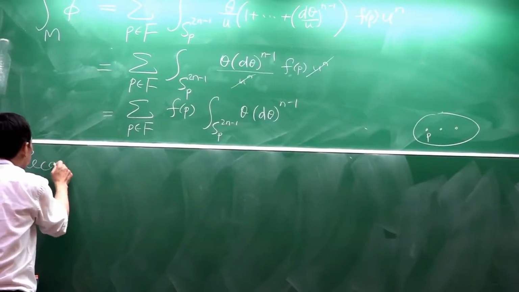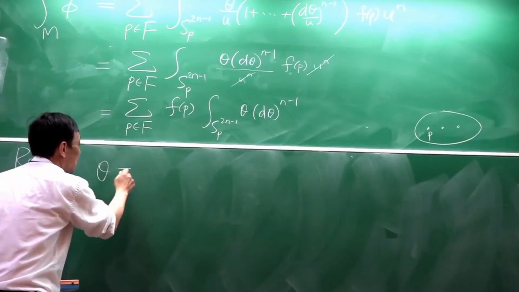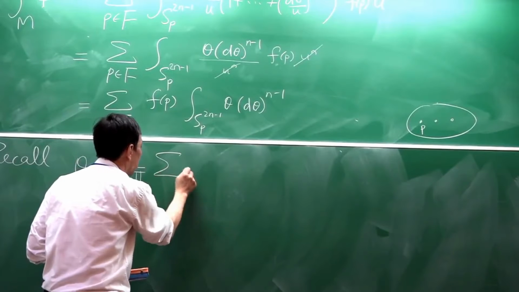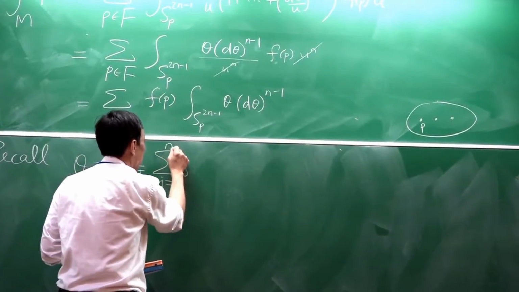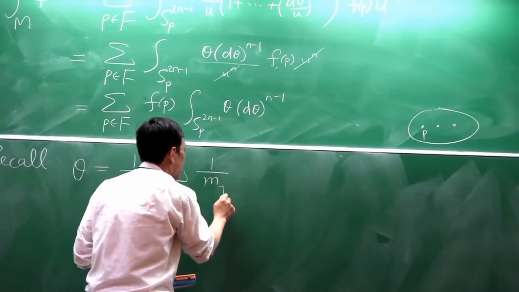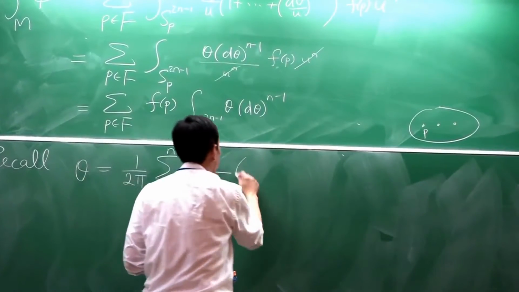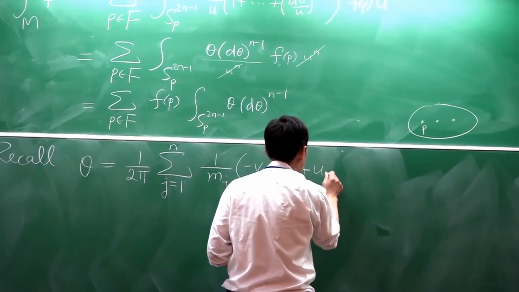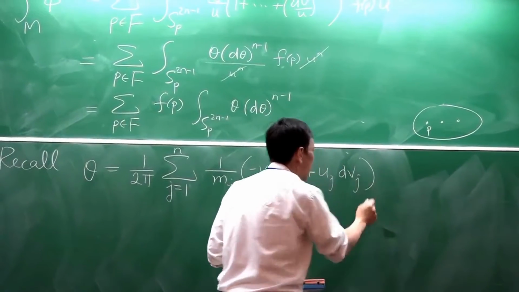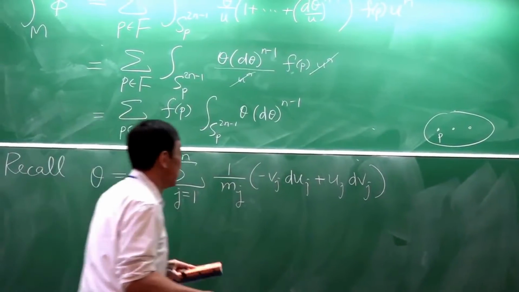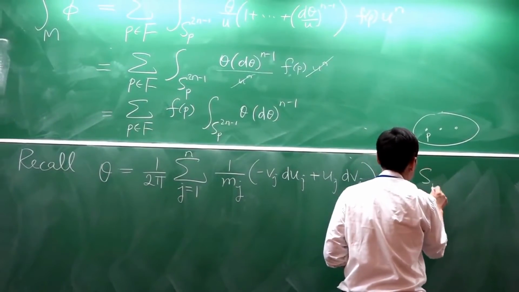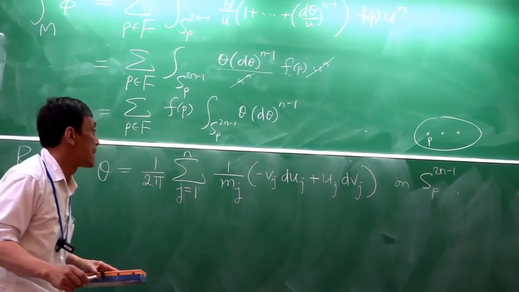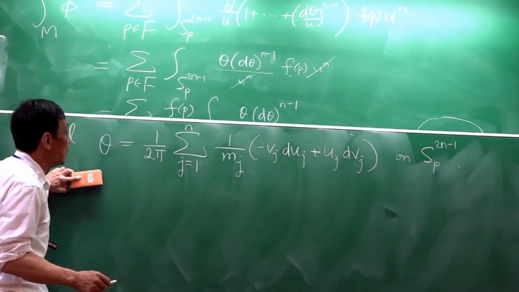We recall that theta was equal to 1 over 2 pi, the sum, as j goes from 1 to n, of 1 over mj times minus vj duj plus uj dvj. Okay? That's the theta on the sphere. It's a one form on the sphere.